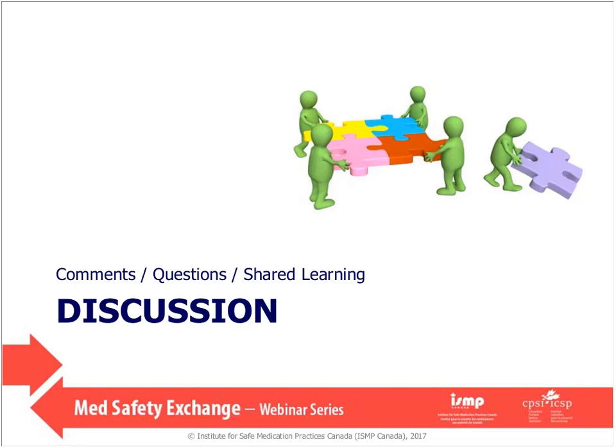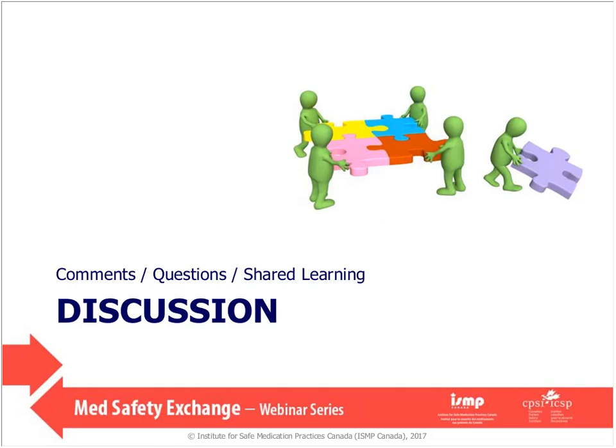It is the pharmacist's responsibility to ensure the right dose is administered, so he or she should not simply assume that the prescriber has prescribed the correct dose of the example I showed.